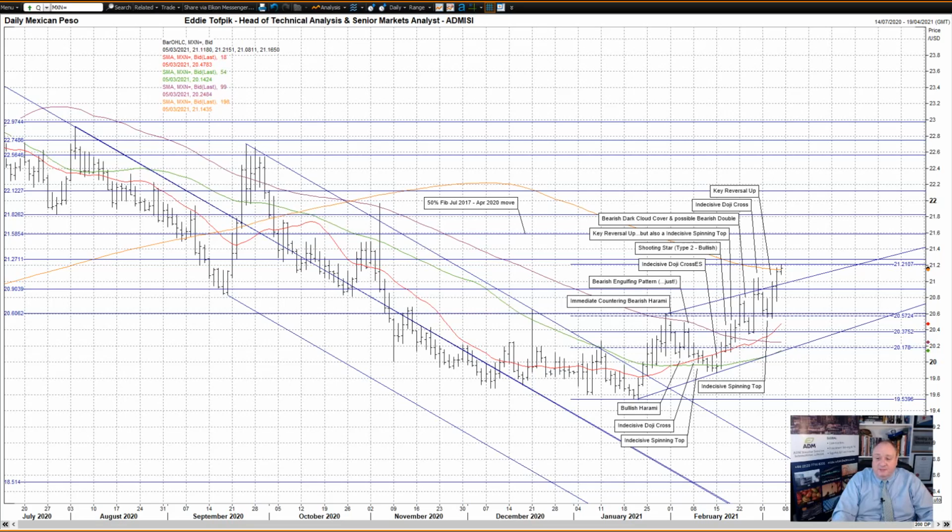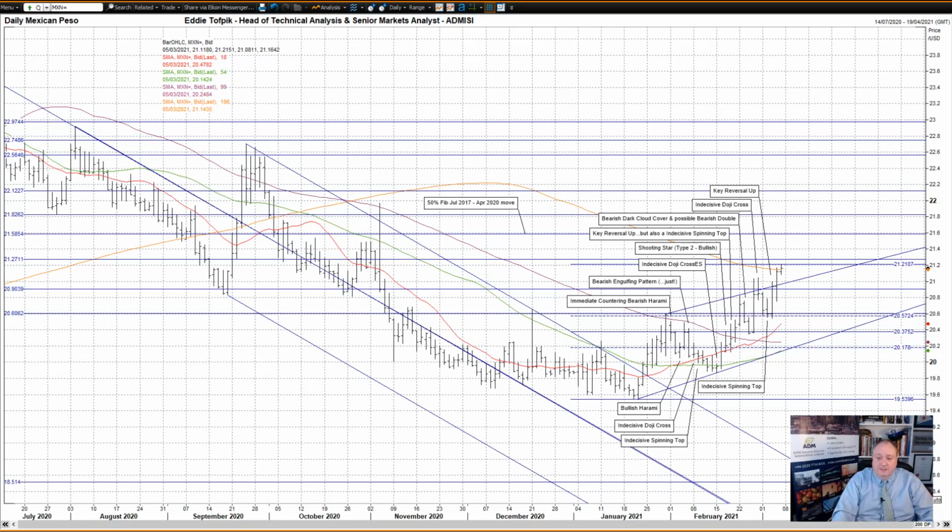One other important piece of action: the market's rise yesterday breached but did not close over the long moving average, currently at 21.1437. This is the first time the market has breached the long moving average from below since late September last year. The next significant overhead level to look at is the 50% Fibonacci line of the July 2017 to April 2020 move at 21.5854.